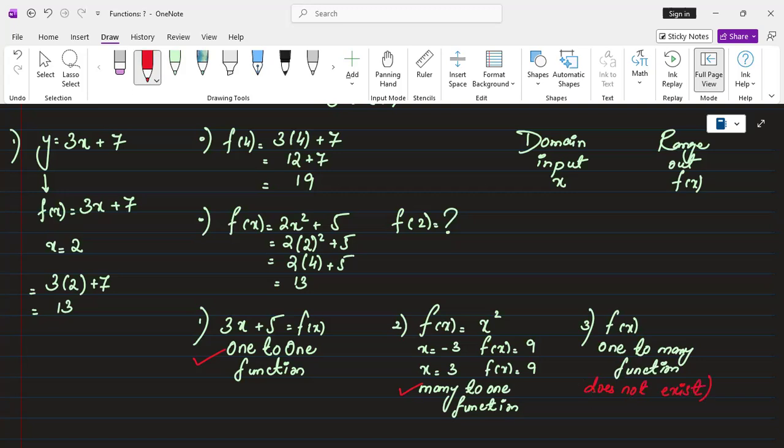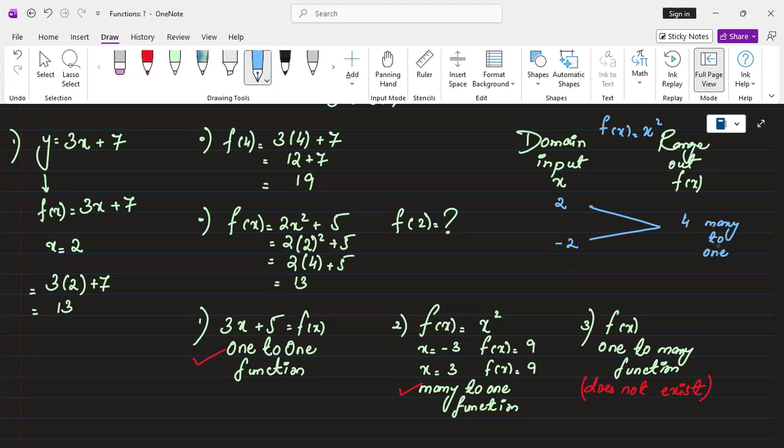We do not have one-to-many functions. For example, if this is 2 and the function is f(x) equals x squared, you know that the answer is going to be 4. Even if it's minus 2, the answer is still going to be a positive 4. This is the case of a many-to-one function.